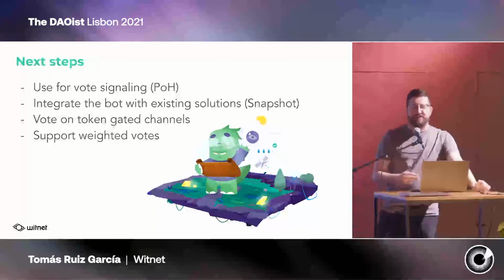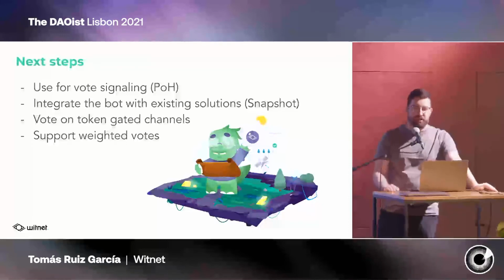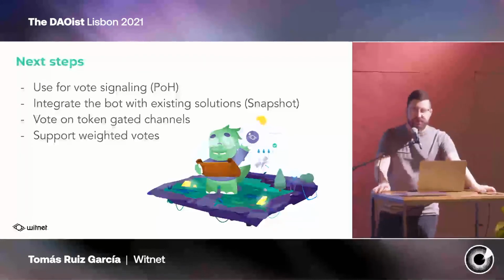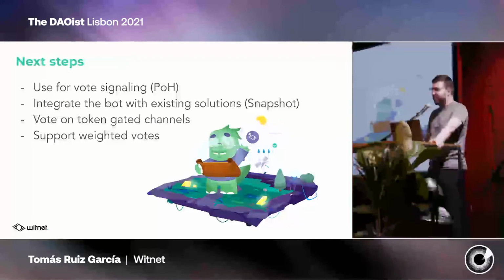This solution is useful for knowing how the community thinks, or how the community is evolving to approach a certain solution. So it's great for vote signaling. For instance, in the Proof of Humanity community, it could be great if someone can make a proposal and know if that proposal has enough power to move forward to another, more decentralized voting platform.